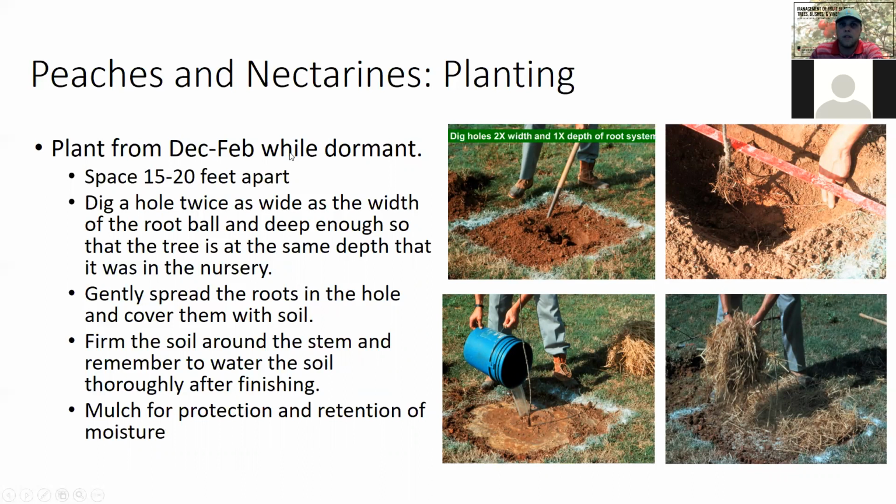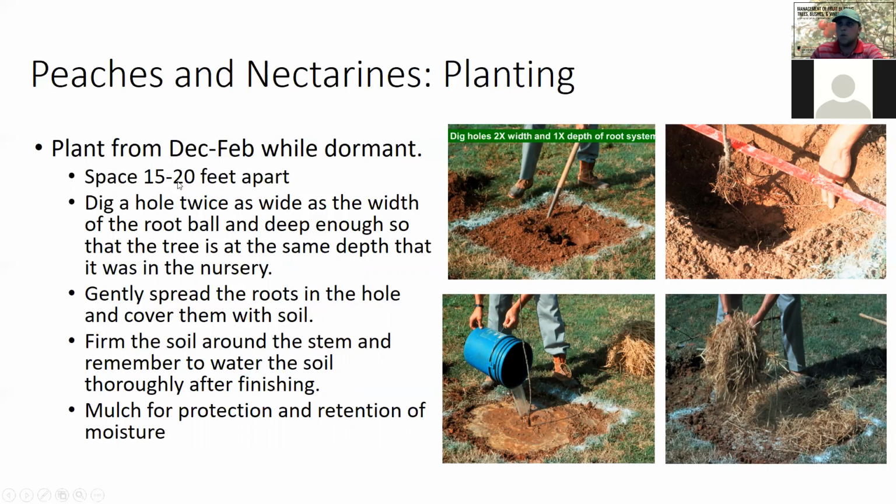That way they're not trying to establish in the spring through the summer when it's 90 something degrees outside. Most people don't think about planting during the winter because you don't see these fruit trees and bushes out in front of their local hardware stores or Home Depot. But in reality, the best time to plant them is during the winter.